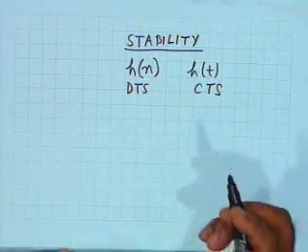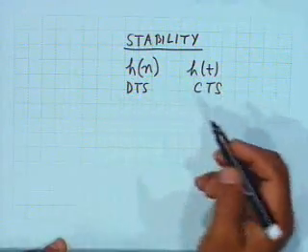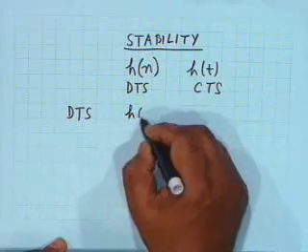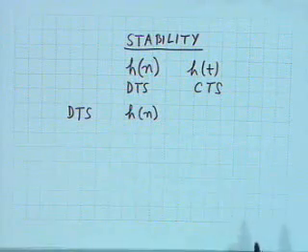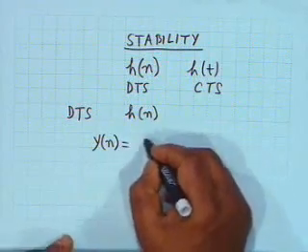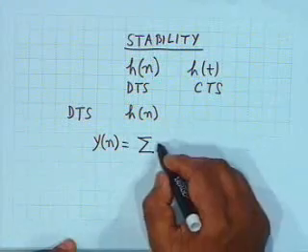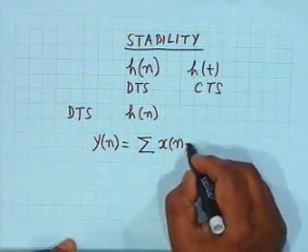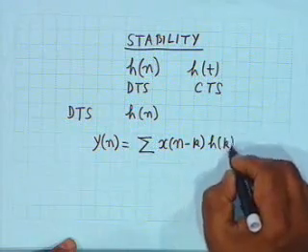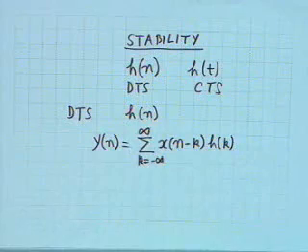instability of a system. To see this, let's consider a discrete time system first, in which h of n is the unit impulse response. Then you know that the output y of n is given by the convolution of h of n with x of n, so it would be of the form summation x of n minus k hk, k equals minus infinity to plus infinity.